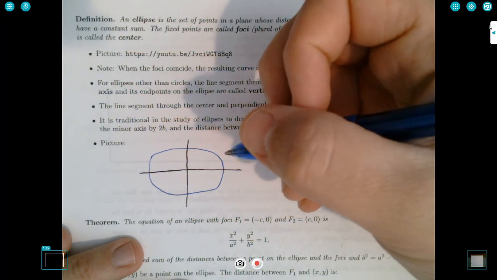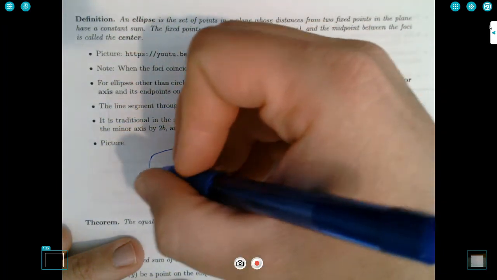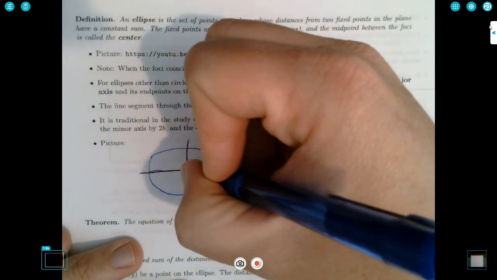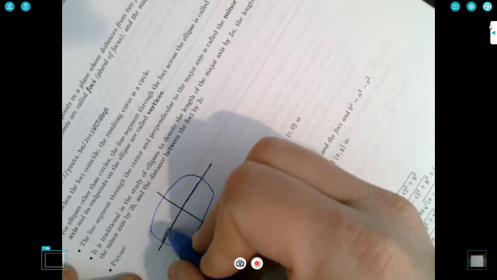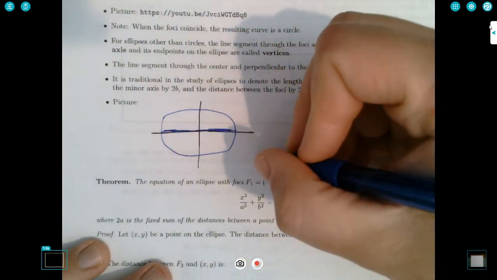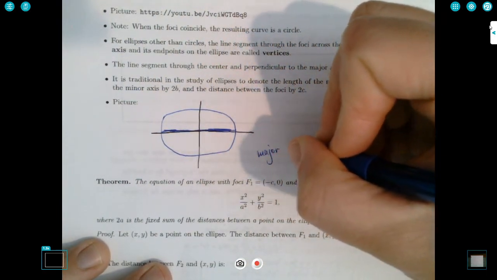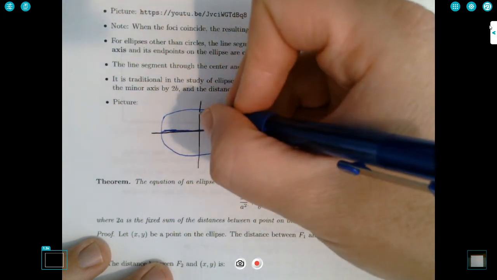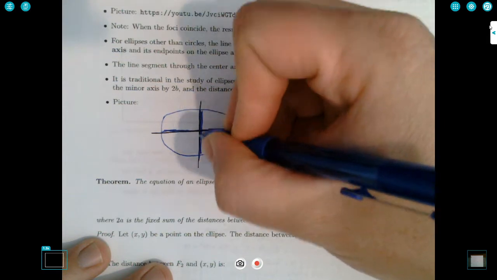In which case, this thing right here would be your major axis. And this thing right here would be your minor axis.